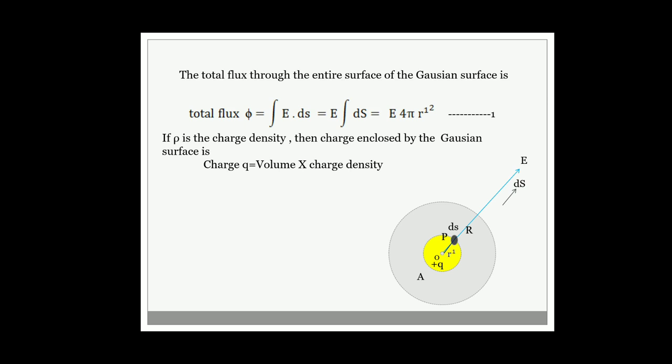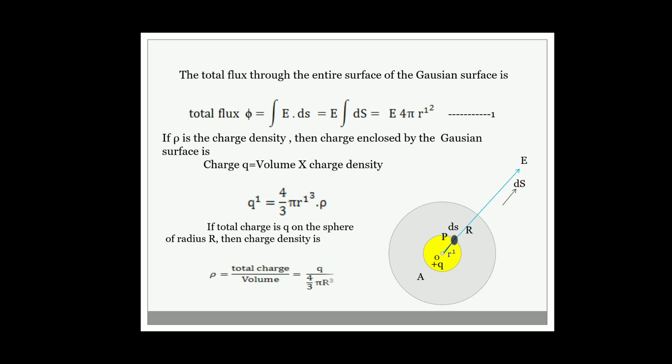And if rho is the charge density, then the charge enclosed by the Gaussian surface, q dash, is equal to volume into charge density, that is volume of the Gaussian sphere, 4/3 pi r dash cube, into charge density rho.